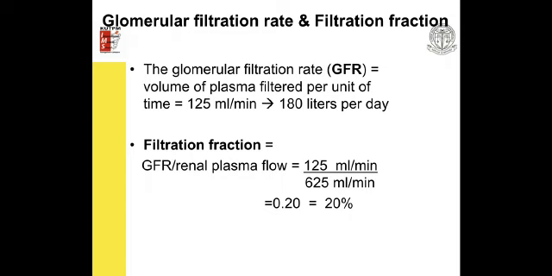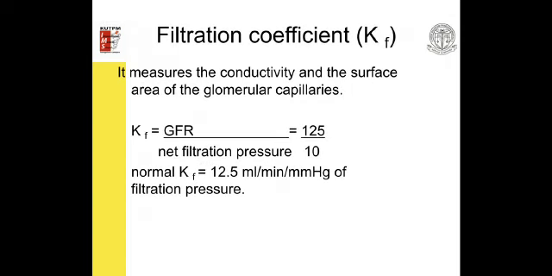There's another thing called the filtration coefficient, which measures the conductivity and surface area of the glomerular capillaries. The coefficient is equal to filtration rate divided by filtration pressure. It's around 12.5 ml per minute per millimeter of mercury of filtration pressure.